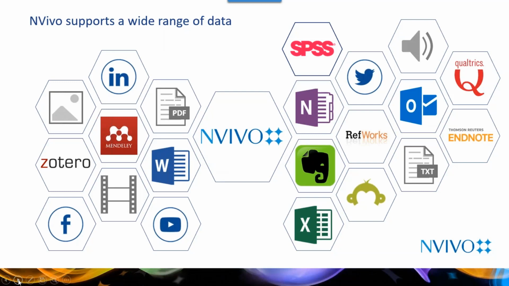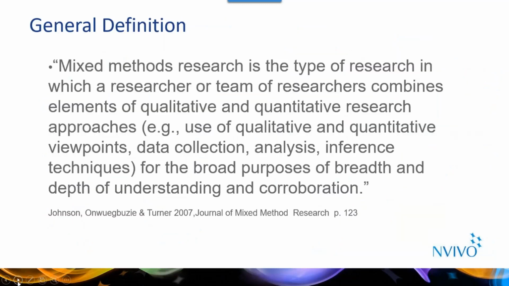It can work with SurveyMonkey and Qualtrics, and new in NVivo 12, you can actually import and export to SPSS. This is especially helpful for mixed methods projects where you may have some data that would need to be shared between both of those software packages.